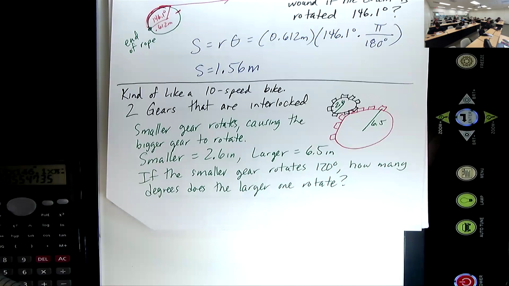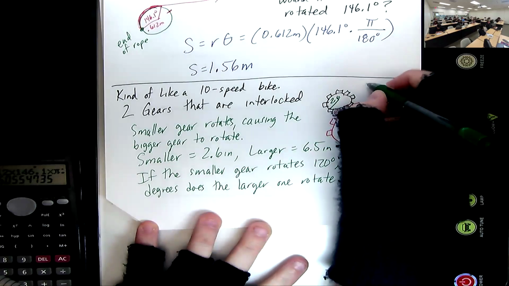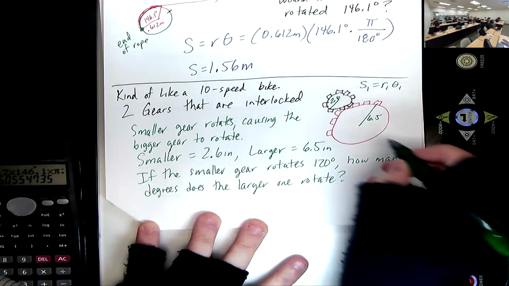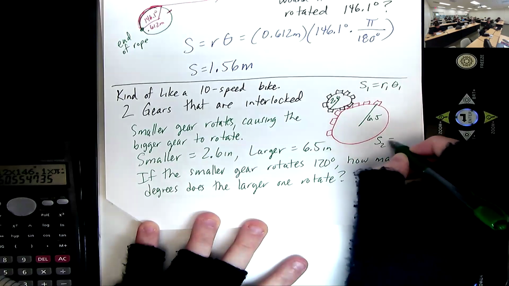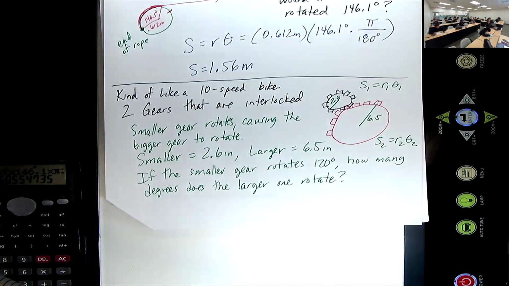But it's not the angle, it's not the radius, it's how much the outer surface is turned, because that's the only thing that's touching the other one. So if I say this is S1 equals R1 theta 1, and this is S2 equals R2 theta 2, because they're different radiuses.